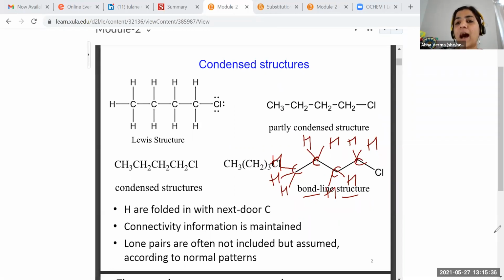Now, pay attention to how I have labeled my hydrogens. If the dot is pointing downwards, this is the carbon, 1 bond, 2 bond. The other 2 bonds that this carbon can make will be shown upwards from this point.